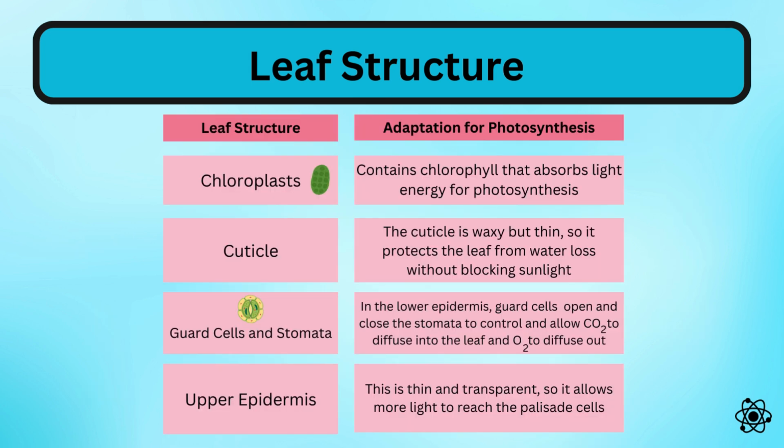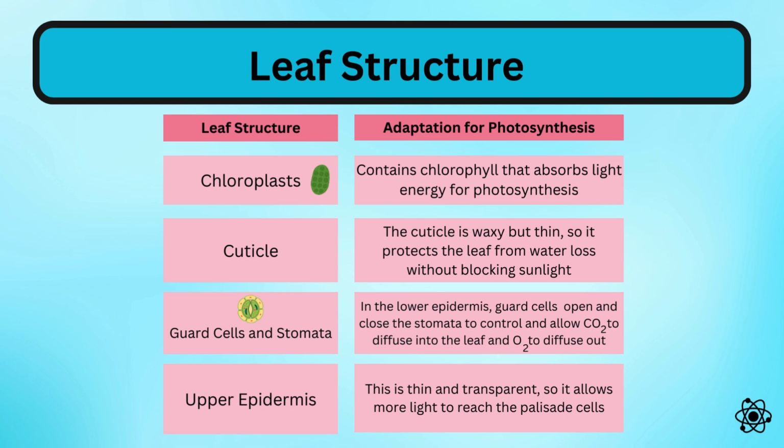Finally, let's learn how different leaf structures are adapted for photosynthesis. They have chloroplasts that contain chlorophyll that absorb light energy for photosynthesis. The leaf's cuticle is waxy but thin, so it protects the leaf from water loss without blocking sunlight.